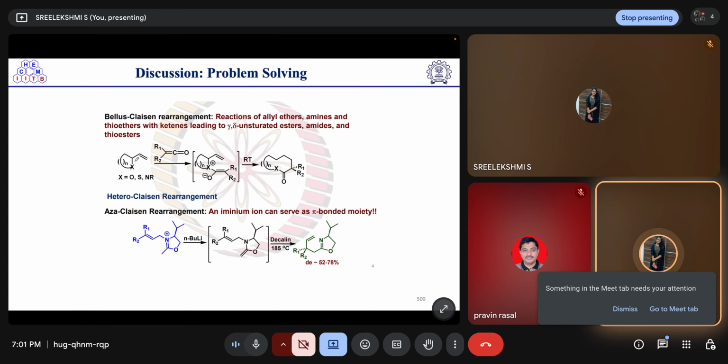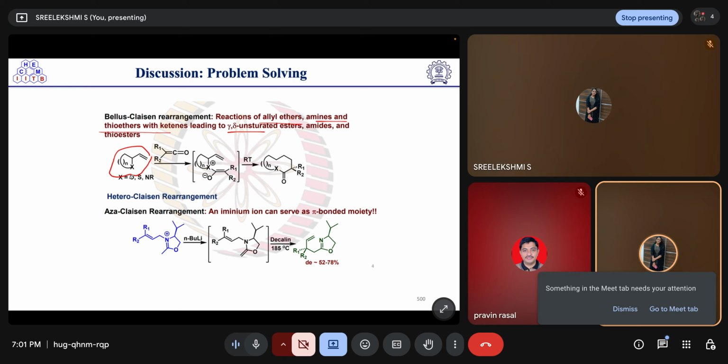Now, another modification of the Claisen rearrangement is the Bellus-Claisen rearrangement. So there, what is happening? Allyl ethers, amines, and thioethers react with ketene, leading to gamma delta unsaturated esters, amides, and thioesters. So if we see this particular example, this substrate we are taking can be either an allyl ether, amine, or thioether.